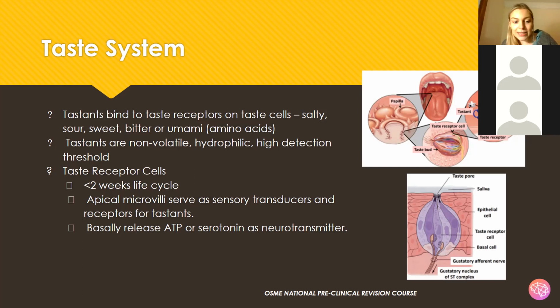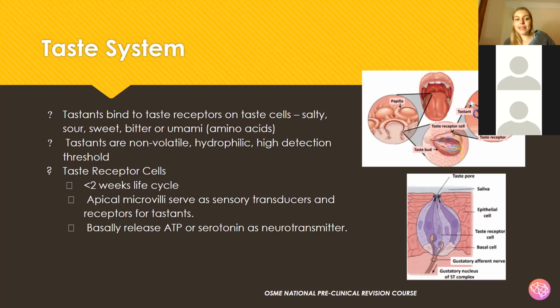Cool, so our stimuli for the taste system are tastants, which bind to taste receptors on taste cells, and this is what provides us with the different types of flavors we experience: salty, sweet, sour, bitter, or umami.